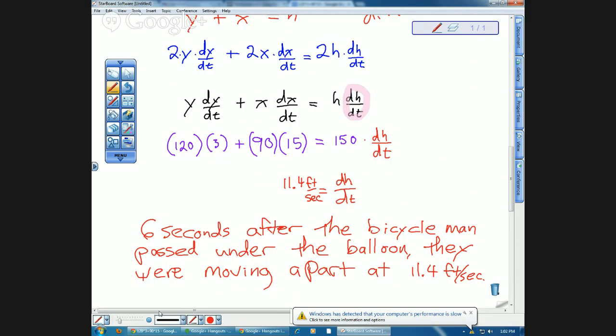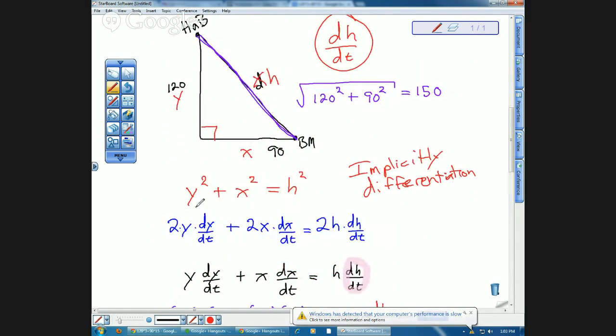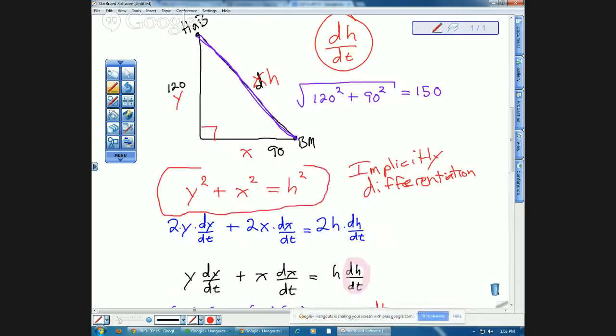You have to have some kind of way to relate the variables. So we related the variables right here. Why am I trying to draw with the mouse? Given that, I then try an implicit, so one, I have to have an equation. Got to have that equation. Two, I have to be able to differentiate. That always involves the chain rule.